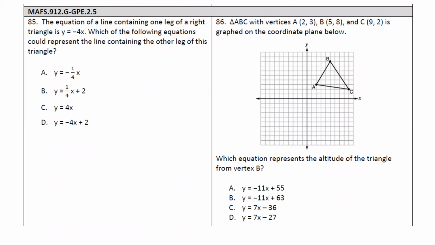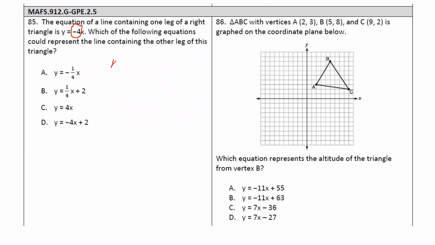So now on 85, the equation of a line containing one leg of a right triangle is this, and we have our slope here of -4. Which of the following equations could represent the line containing the other leg of the triangle? Well, again, they have to be opposite reciprocal slopes.